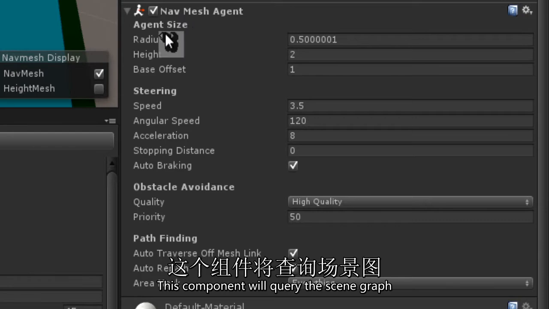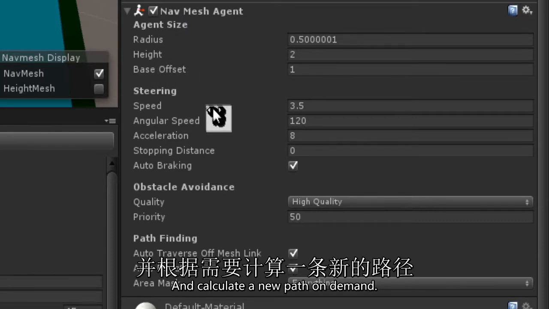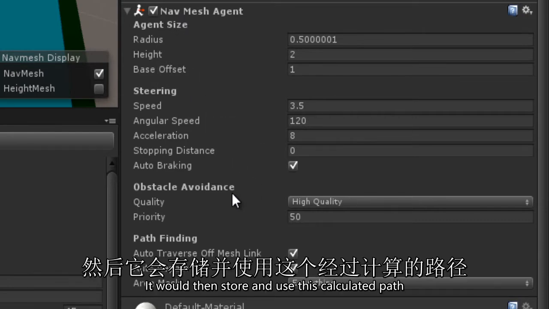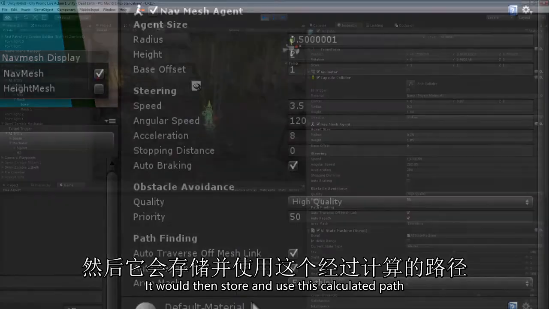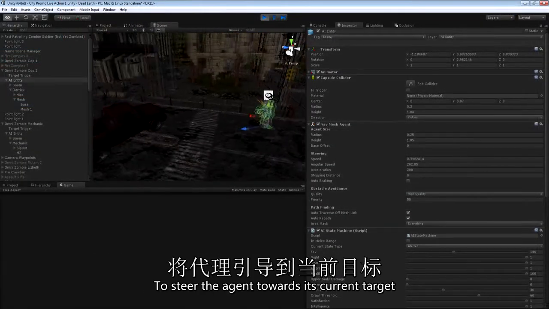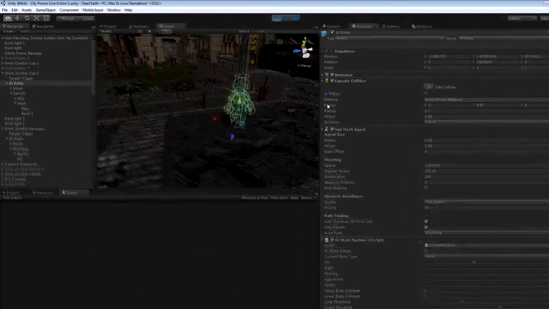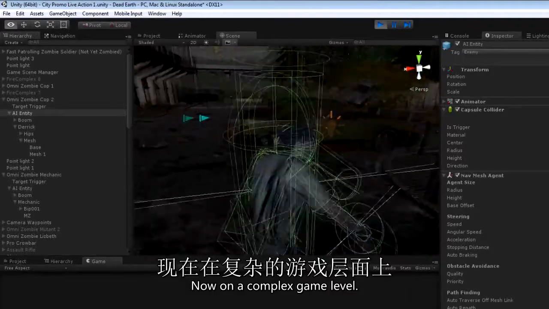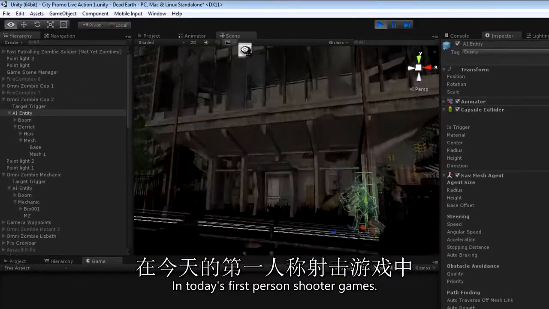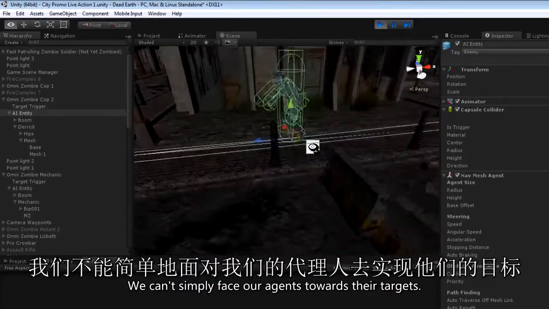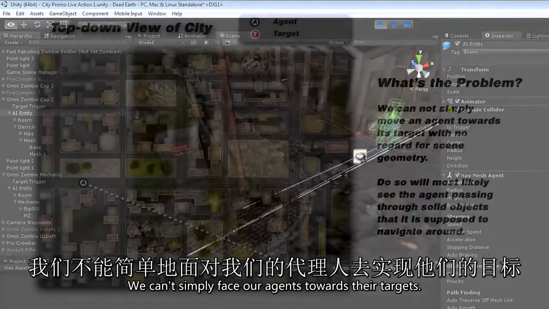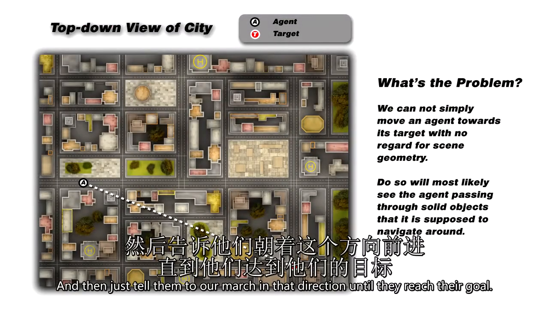This component will query the scene graph and calculate a new path on demand. It will then store and use this calculated path to steer the agent towards its current target. Now, on a complex game level, like those found in today's first-person shooter games, we can't simply face our agents towards their targets and then just tell them to march in that direction until they reach their goal.